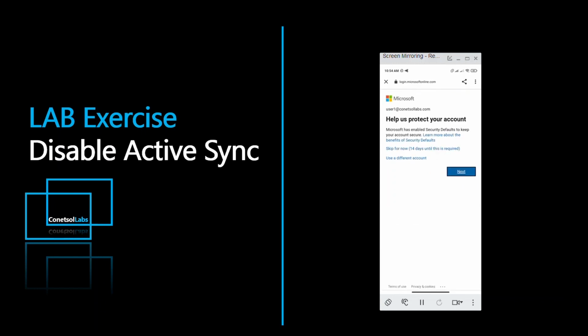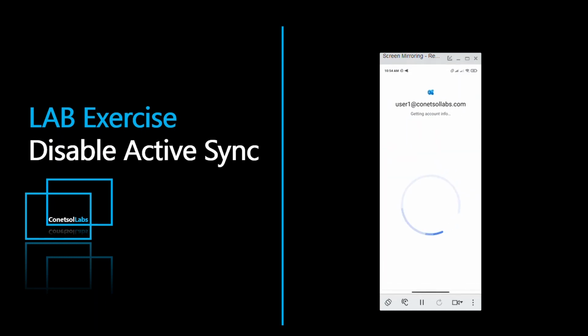For demo purposes I can skip this for now. Now the email client is trying to connect with and sync this user's mailbox. So let's see what happened. It's still trying to sync the user one mailbox in the email client.